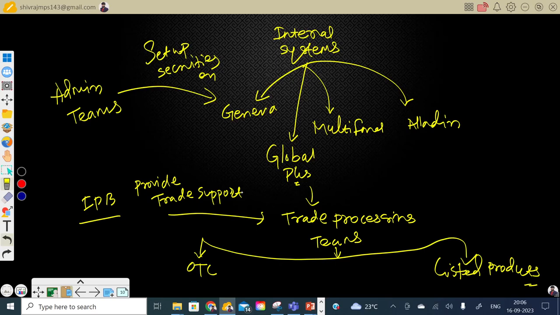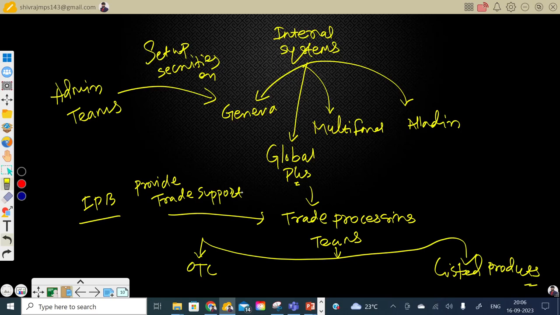If you're part of the trade processing team, let's say above you there would be the asset servicing team, and on top of that there may be fund trading, the trading team or the relationship team, or maybe the fund manager team, where they actually buy and sell securities, right? OTC team, listed products.